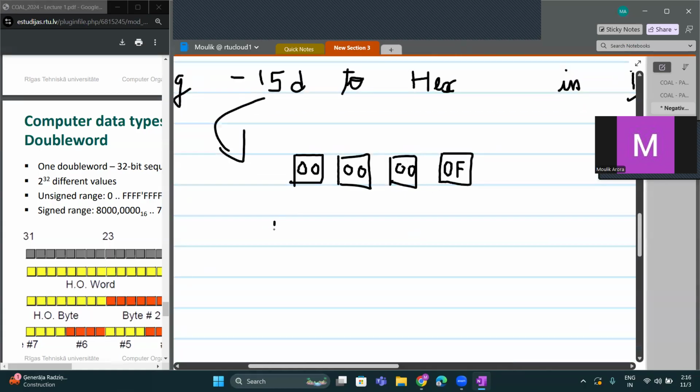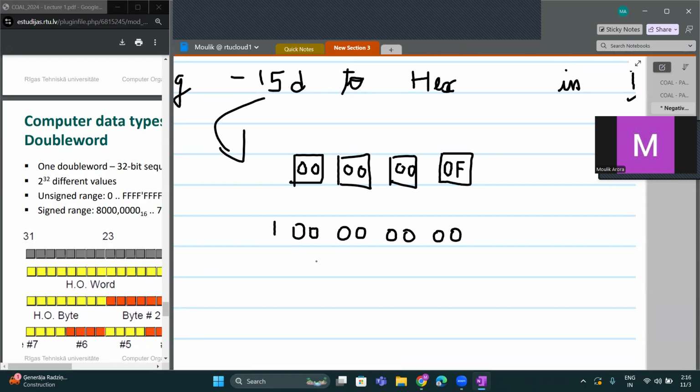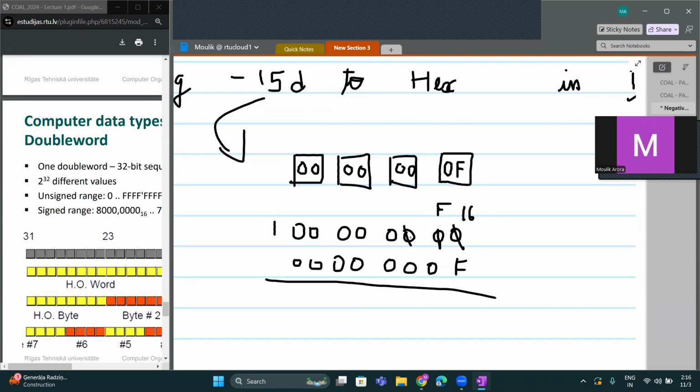What we did last time too, we subtract it from one extra digit. So 0, 0, 0, 0. When we try to subtract, this is 16, this is 15, or just F, F, F, F, F, 15, 15, and this is 0.